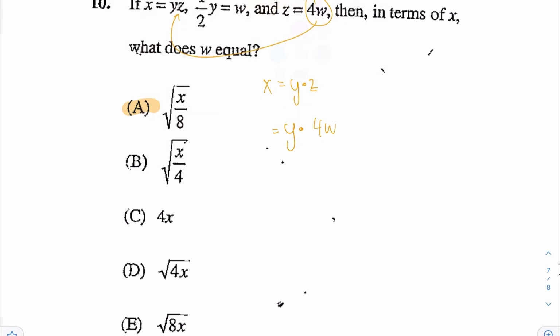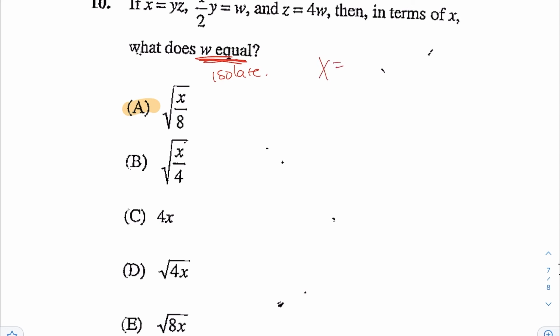Now you also know that w is equal to 1/2 of y. So if w is equal to 1/2 of y, you can actually replace some of these variables. Or actually, you want to figure out what w is equal to. So let me restart here. If you want to know what w is equal to, you want to isolate w. So you actually want to replace all the other variables.